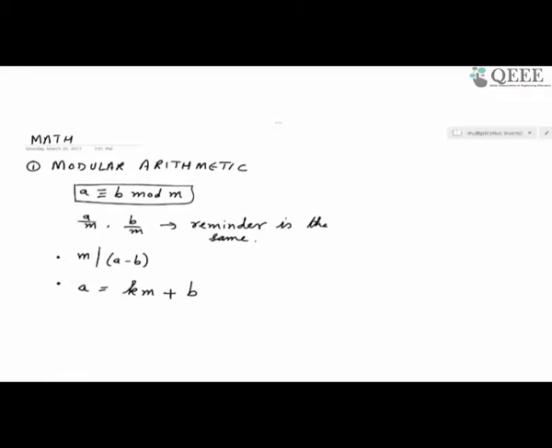Special importance for us came when we had the remainder of 0. For example, if A divided by M leaves a remainder 0, we gave the notation M divides A perfectly, or we can also represent this as A congruent to 0 mod M.